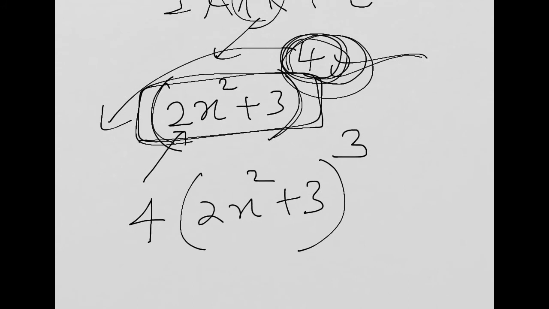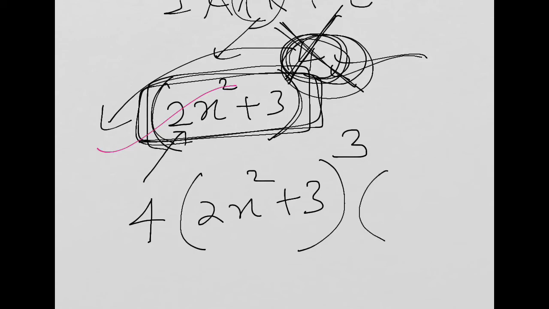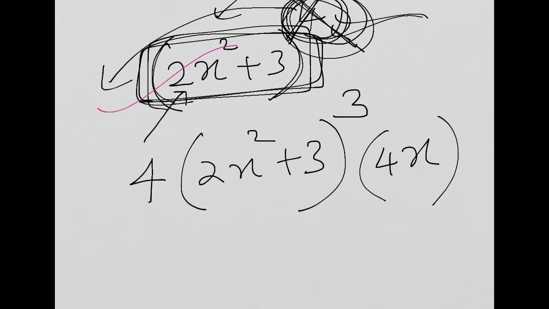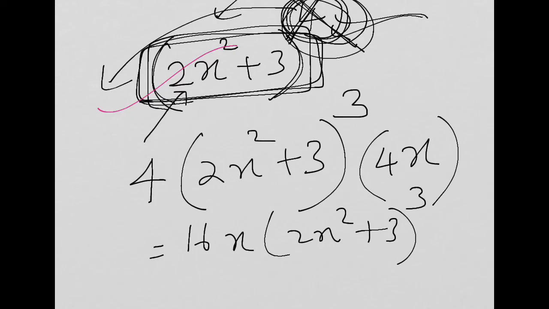This is the respect that we gave for the number 4, that is the burden, which means I can go to the question and strike it off, leaving out this in our hands, that is 2x square plus 3. How to differentiate that? It is going to become 4x. So the overall answer can be 16x into 2x square plus 3 the whole cube.